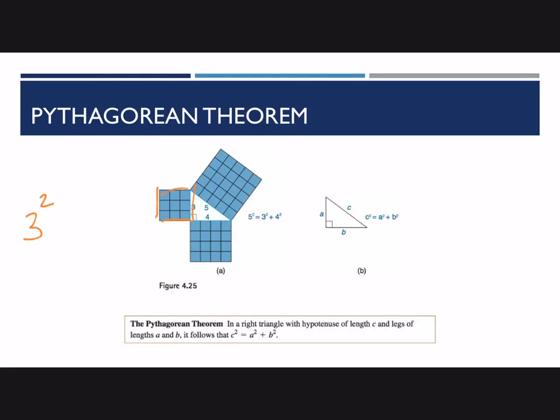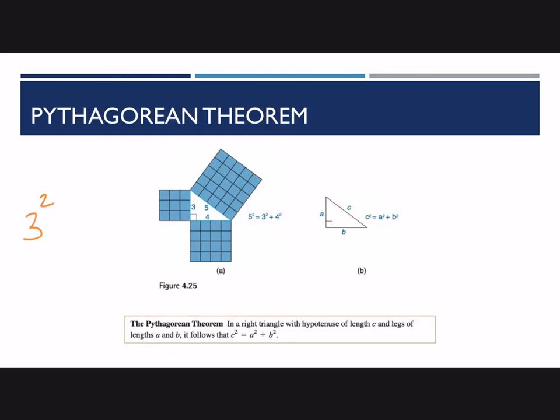And then if we look at the area in square units, notice that the area is 9 square units, or you can have 9 little squares in that area. So visually what we're saying is that if you draw squares with the legs 3 and 4 as the side lengths, then their areas are the same area as if you draw a square with a side length of 5.